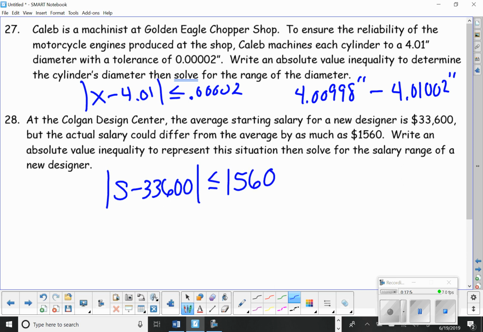What does that mean? Well, I've got 33,600, and I'm going to add 1,560, so the upper end would be $35,160, and the lower end would be the 33,600 minus the 1,560, and so that would be $32,040.